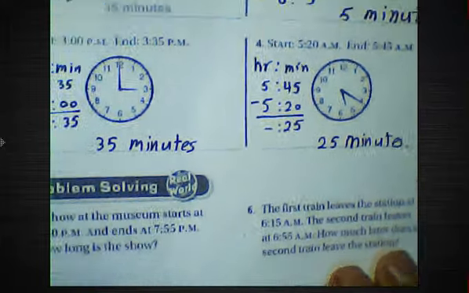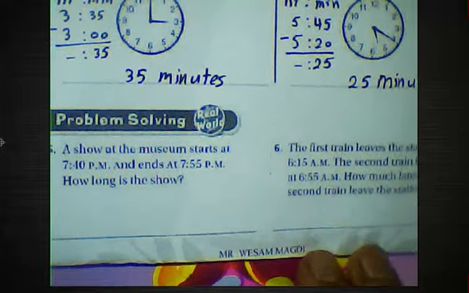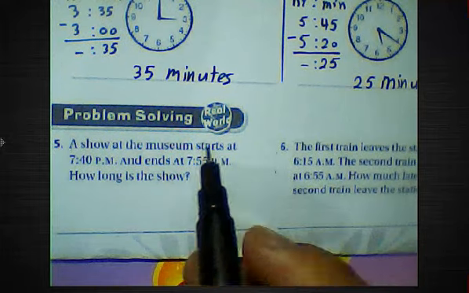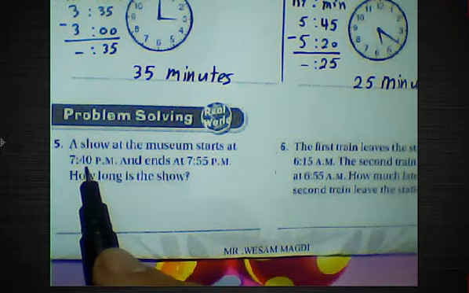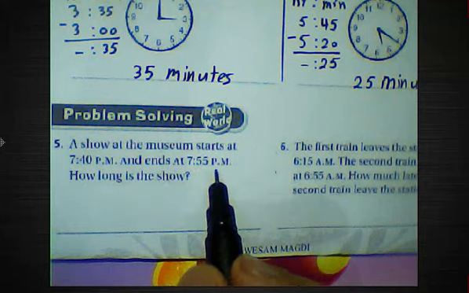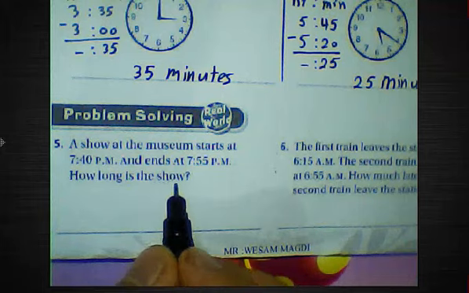Problem solving. Look at this example. A show at the museum starts at 7:40 p.m. and ends at 7 hours and 55 minutes p.m. How long is the show?